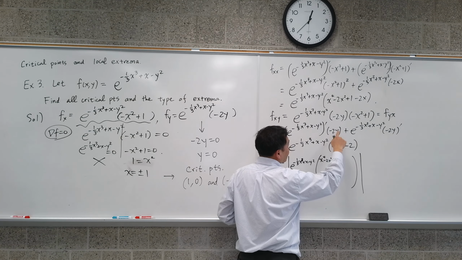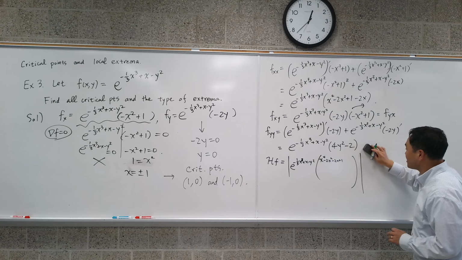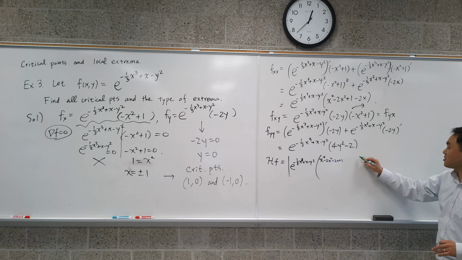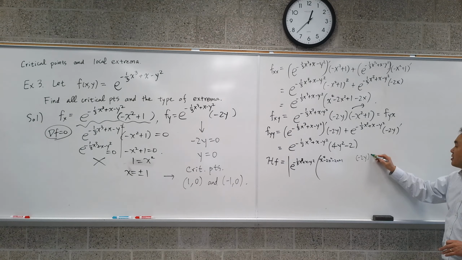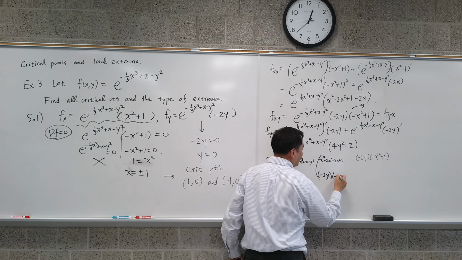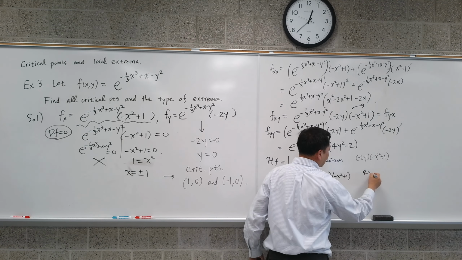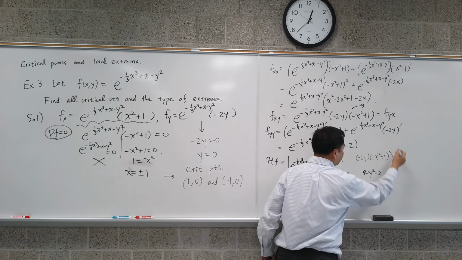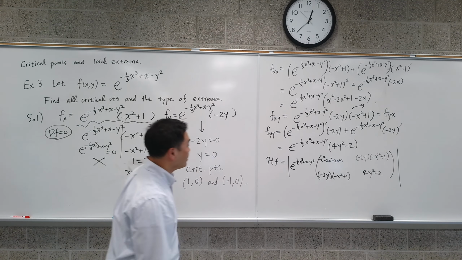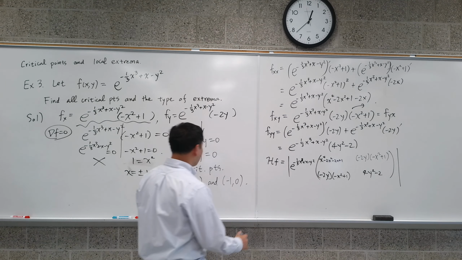And then this one, if I multiply it out, I'll just write it. So negative 2y times negative x squared plus 1, negative 2y times negative x squared plus 1, and then this is going to be 4y squared minus 2. Okay, so now we can calculate one by one.